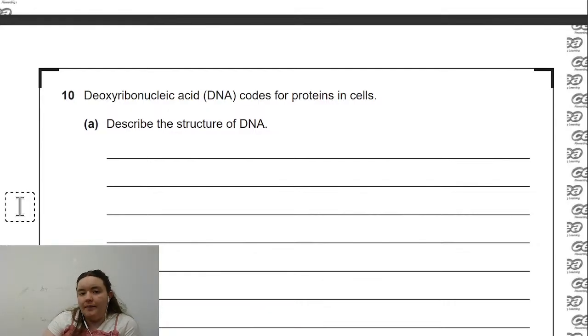Describe the structure of DNA. So this is a thing you're sort of expected to know, and the main things are it has a phosphate backbone. It contains a ribose sugar, and it contains a nucleic acid, which will be A, G, C, or T. They are together.